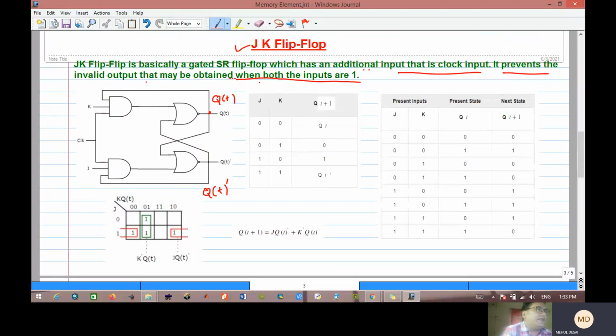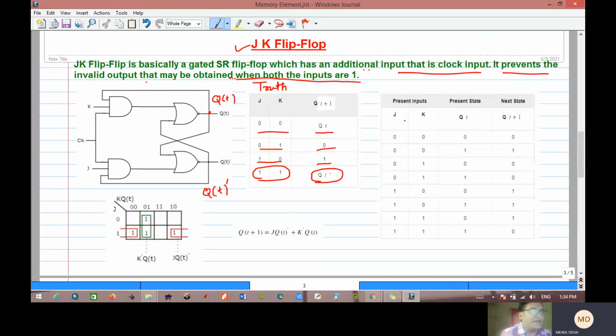The characteristic truth table of JK flip-flop is the same as the SR flip-flop: 0 0 then QT, 0 1 then 0, 1 0 then 1. But when both inputs are 1 1, at that time we get the toggle output QT dash. Means previously if QT equal to 0 and 1 1 input is given, then output is QT dash.